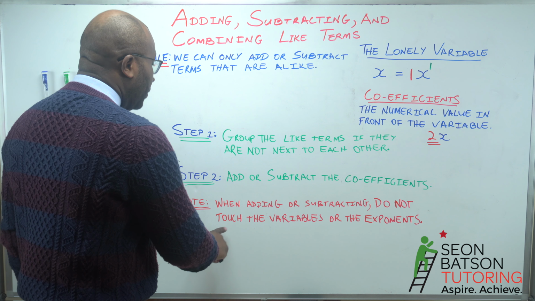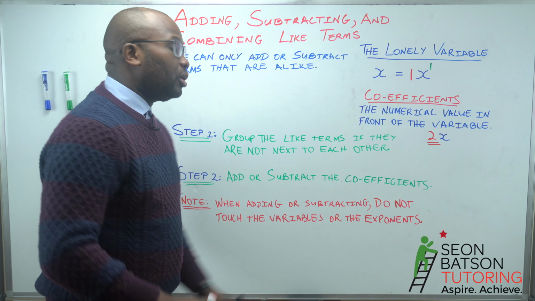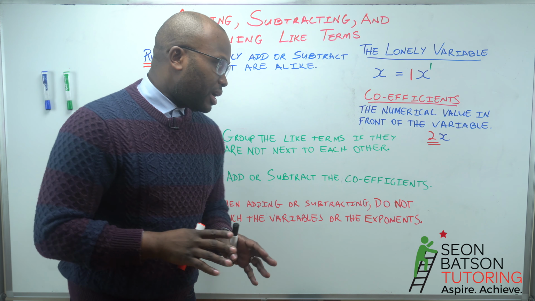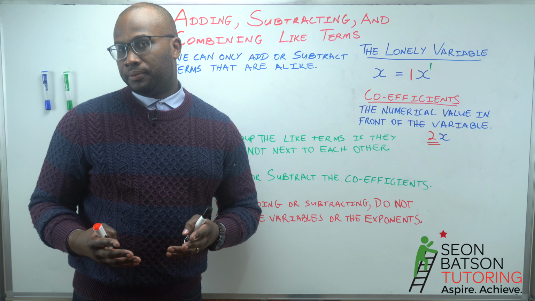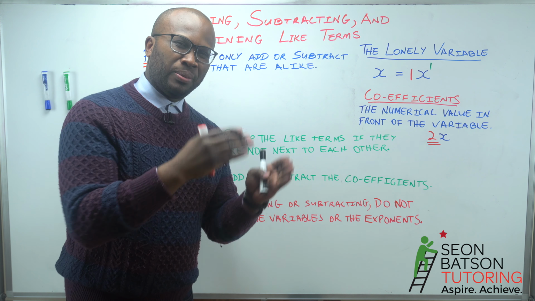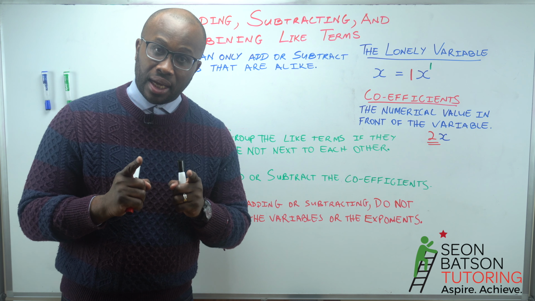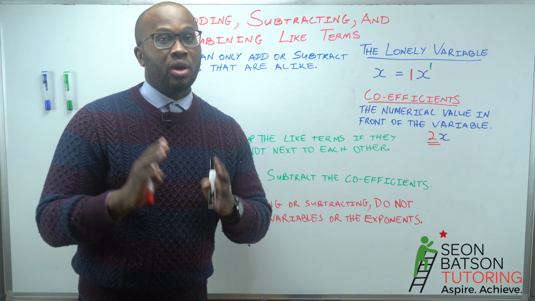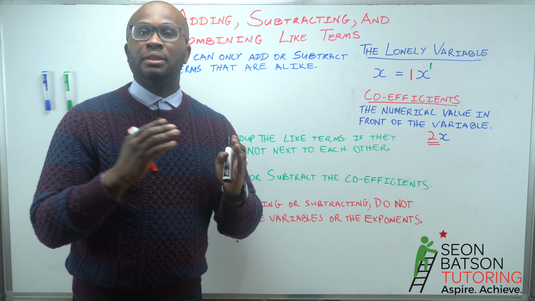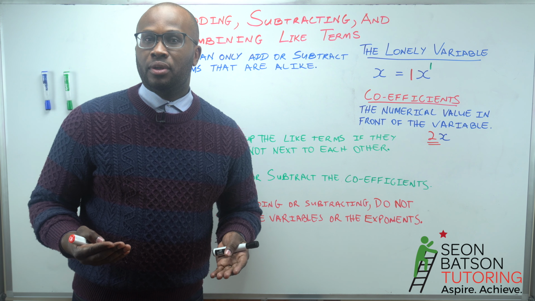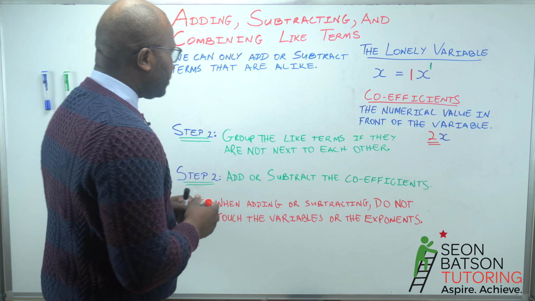Note, I put a note for you. When adding or subtracting, we do not touch the variables nor the exponents. We only add or subtract the coefficients. Don't forget that, yeah? We will only add or subtract the coefficients. Never touch the variable, never touch the exponent. So far, so good? All right.